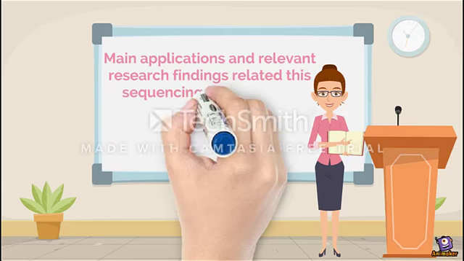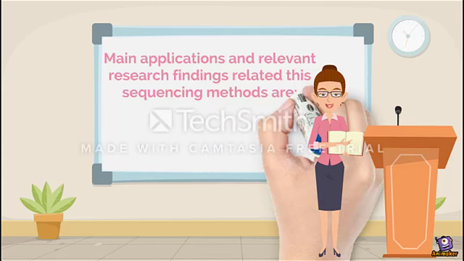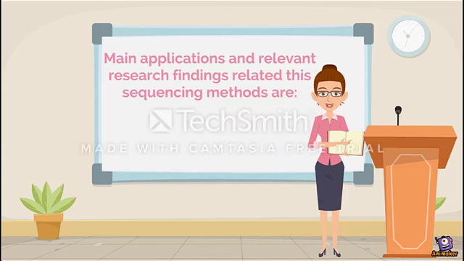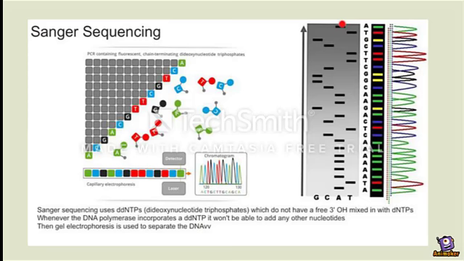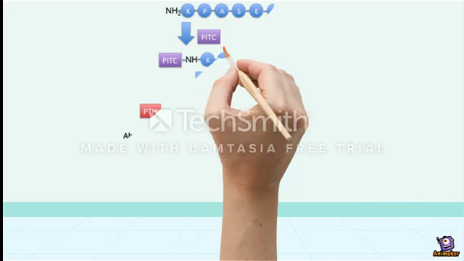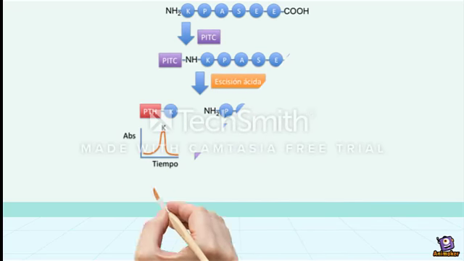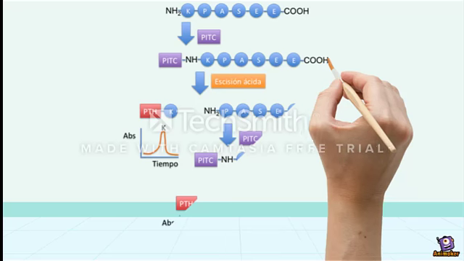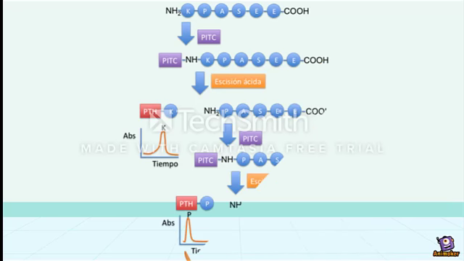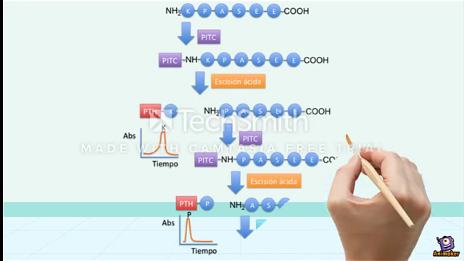Main applications related to this method are: more recently, a modified Sanger approach was the main sequencing engine for the first draft human genome sequence, which was produced by sequencing 500 to 600 base pair segments of DNA.